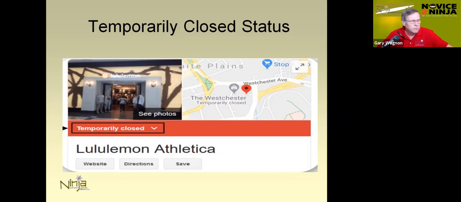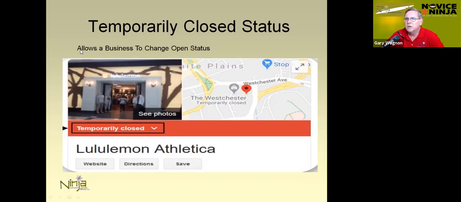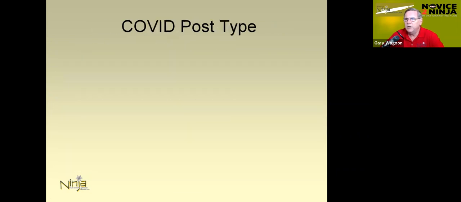So one of those options is temporarily closed, and it allows you just to change the status. You don't want to affect your listing. Your listing stays active, but it just now reflects a new icon that says the business is temporarily closed. And you should be able to do that.